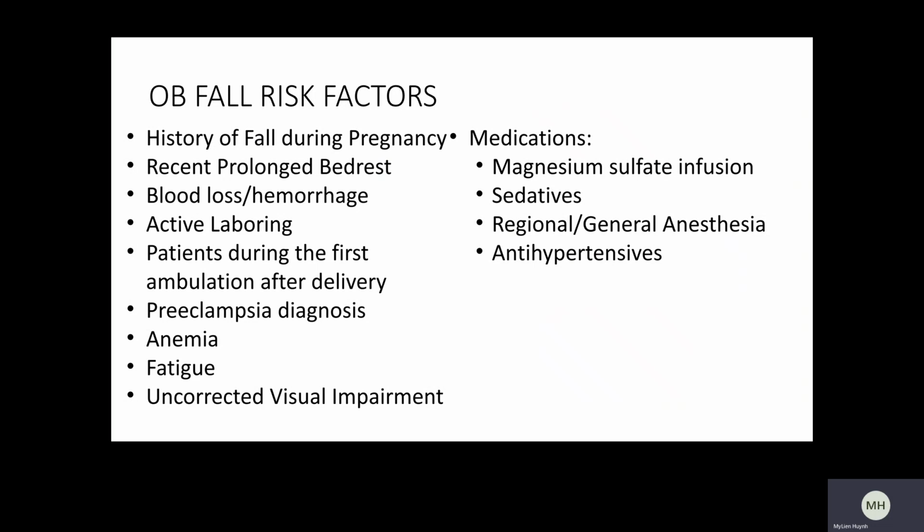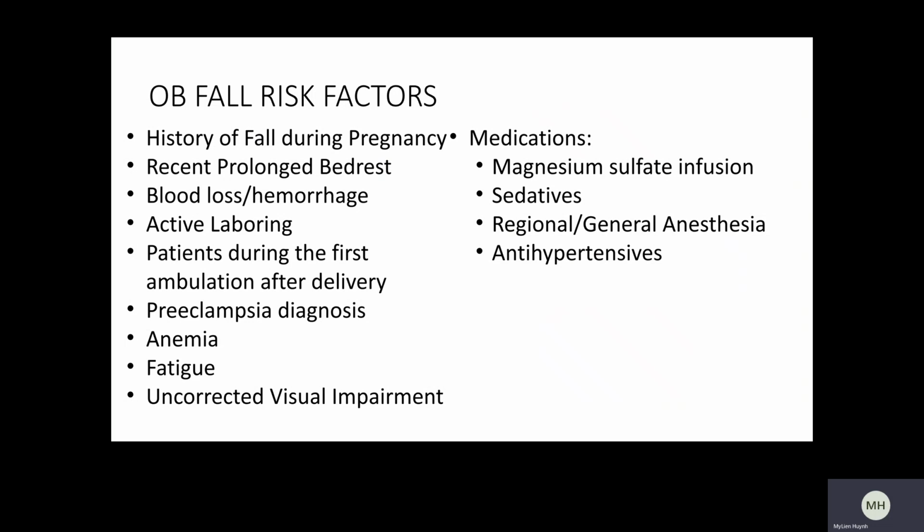They just have less activity, so their muscles aren't as strong. If patients had hemorrhage, or active laboring, this one sounds strange, but we all know that your center of gravity changes when you're pregnant, and that can contribute to falling, especially if you're trying to move around during labor a lot. The first time patients get up after delivery, we're assisting them. That's a time where they're having a higher risk for falls.